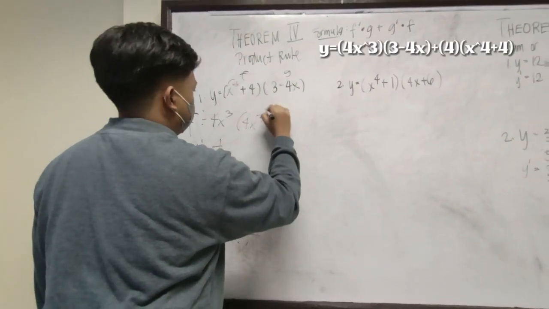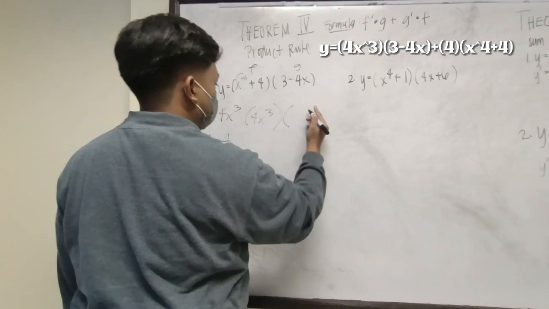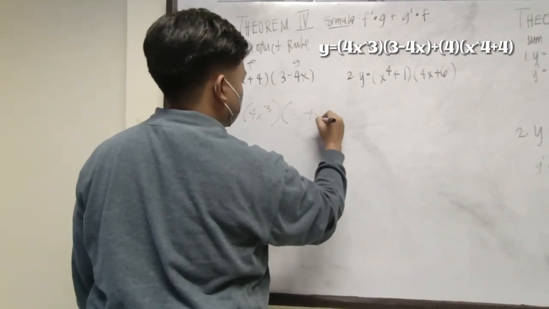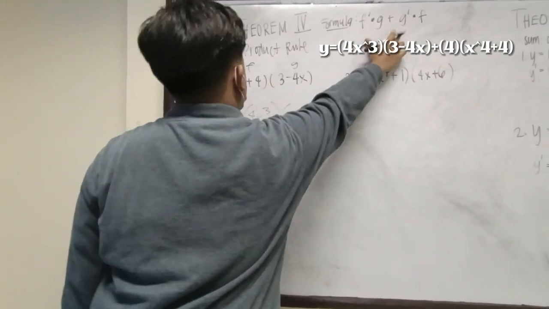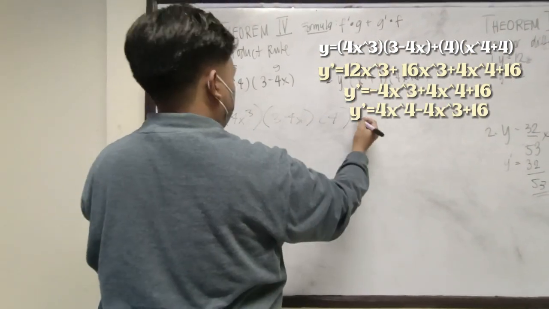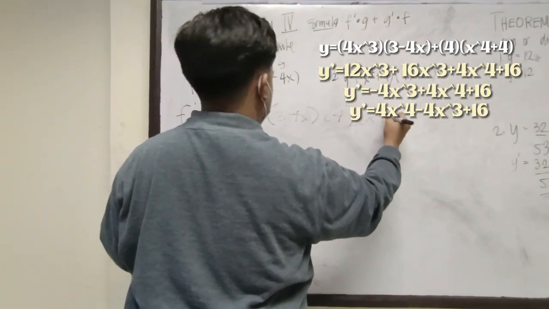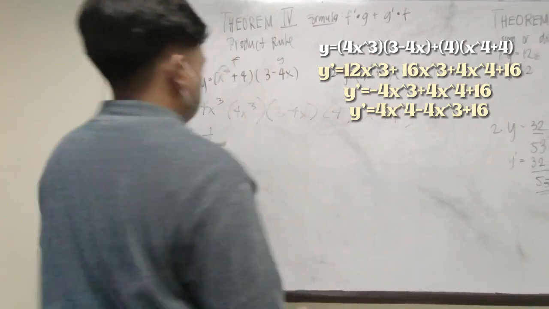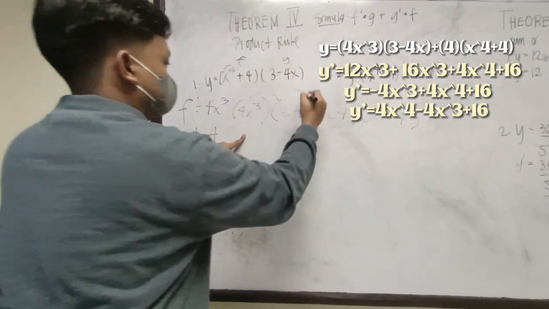So if we would substitute 4x cubed, let's copy the second. 3 minus 4x. Copy here. Multiply 4. And then the first. The first is x to the 4th power plus 4. And then we should substitute.